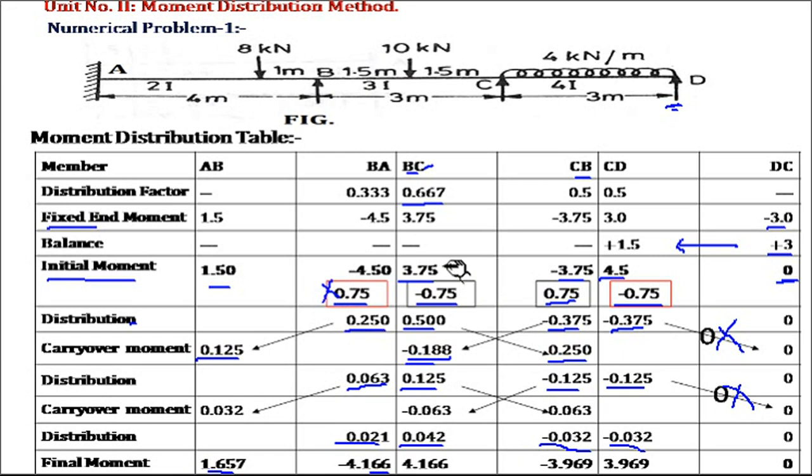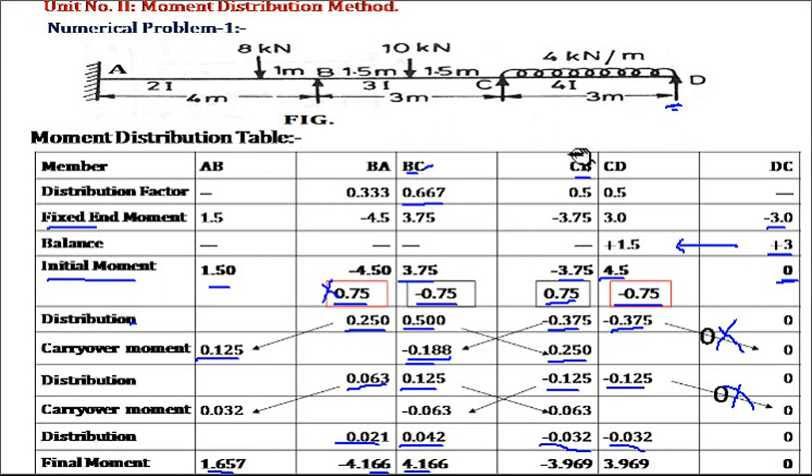Next, the moment in member BC will be 3.75 plus 0.5 minus 0.188 plus 0.125 minus 0.063 plus 0.042, so this value comes to be equal to 4.166.